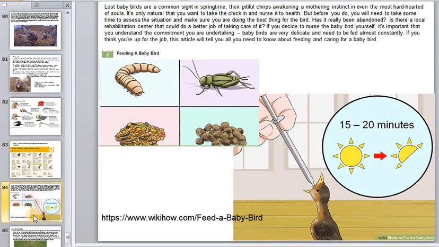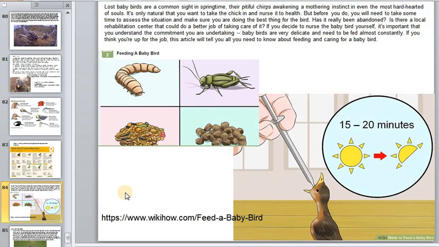And here we see this. If you want to help baby birds, as you know, in the springtime sometimes you can find baby birds, but it's very difficult. At first you should be sure that it's not normal, and look for the nest.